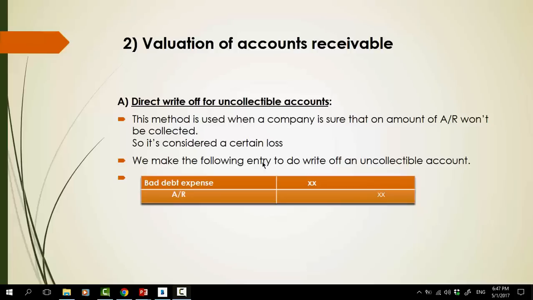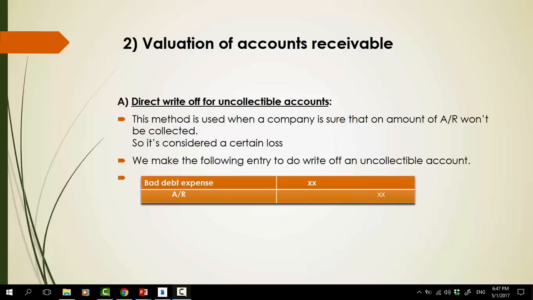When will I use the direct write-off method? I must be instructed in the problem to use this method. He must tell me to use the direct write-off method. Okay, then if I have a portion of my account receivable that will be written off, will not be collected again, what will be the journal entry?